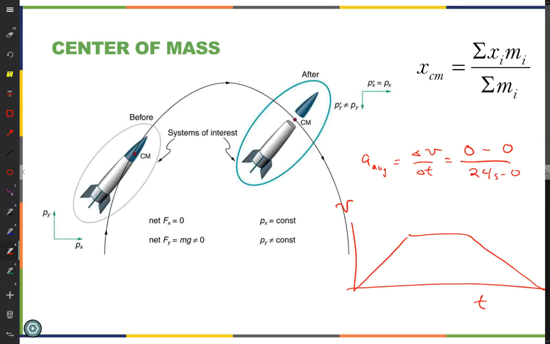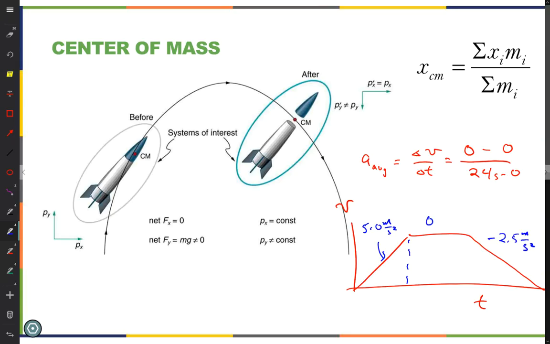That was the easiest way to do it. But there are a lot of people who correctly calculated the acceleration for this part, which was 5.0 meters per second squared. The acceleration for this part, nice job, which was 0, and the acceleration for this part, which was minus 2.5 meters per second squared.